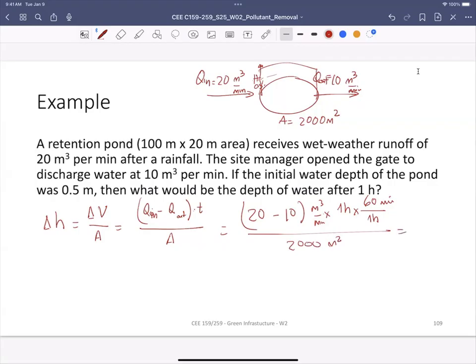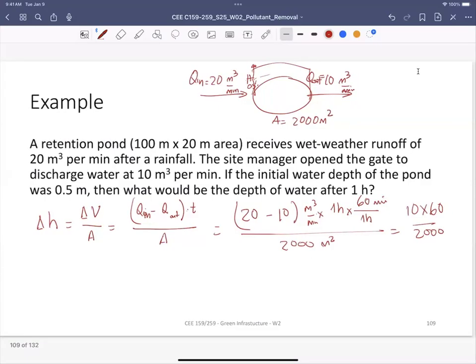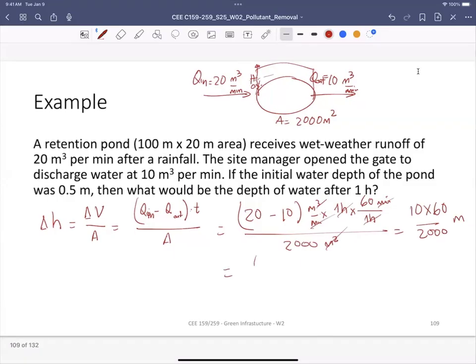So that is basically 10 times 60 divided by 2000. Everything cancels. You can see hour cancels, minute cancels, square meter cancels. This is meters. So that is 600 divided by 2000, which is 3 over 10. So 0.3 meter. This is the amount of height that will increase.